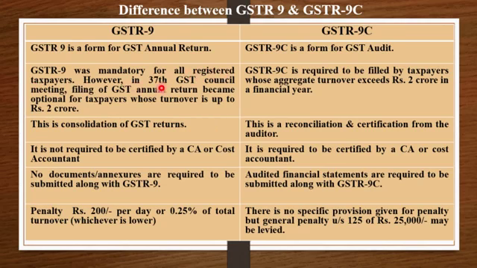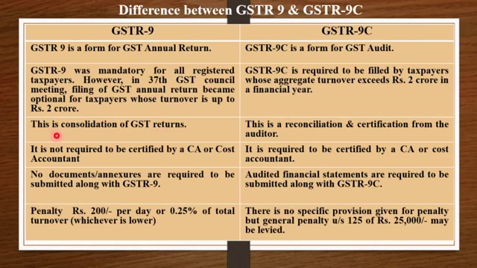However, in the 30th GST Council meeting, filing of GST annual return became optional for a taxpayer whose turnover is up to rupees 2 crores. GSTR 9C is required to be filed by taxpayers whose aggregate turnover exceeds rupees 2 crores in a financial year.